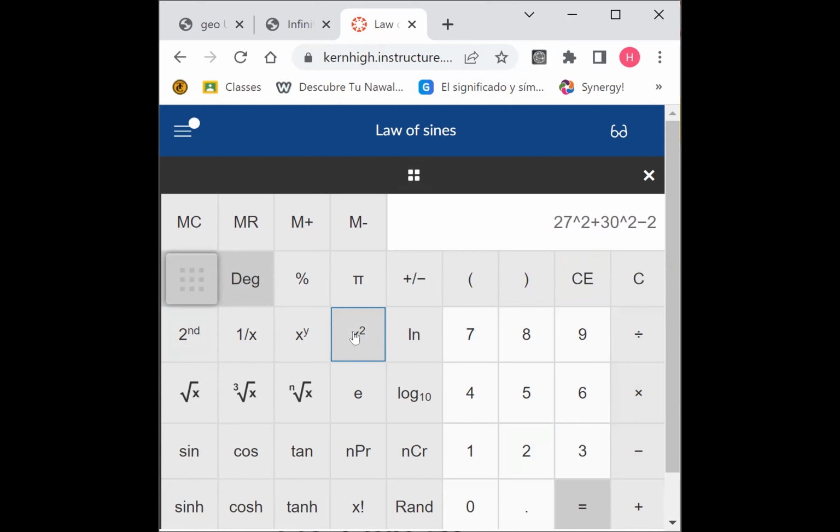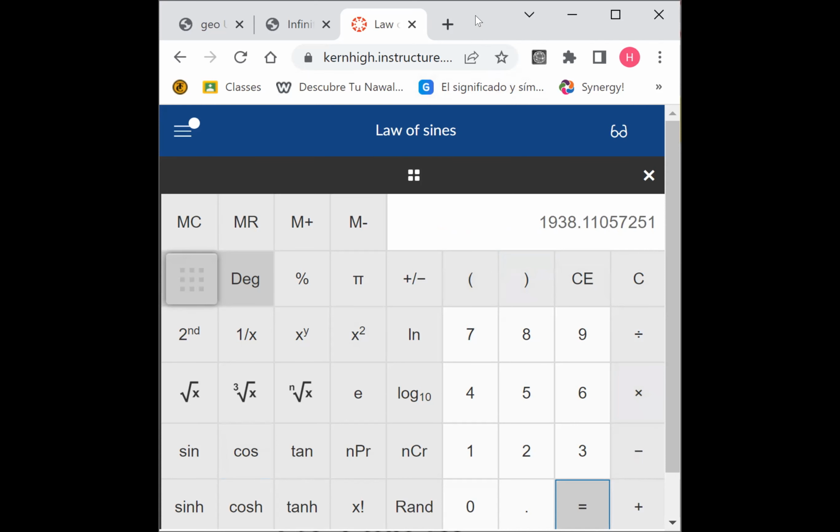Minus 2 times 27 times 30 times cosine of 101. And boom, it gives me 1938.1105.